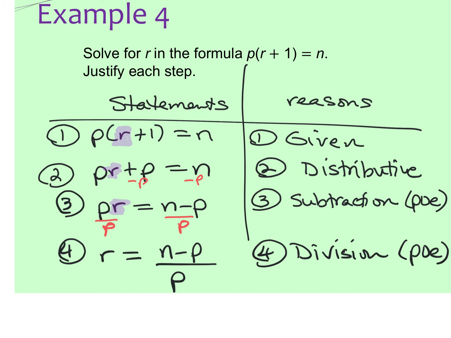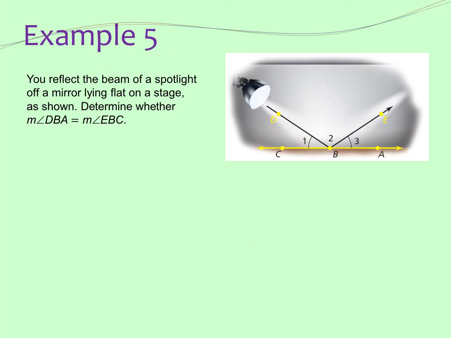So let me give you a little preview of the last example. But again, we've covered everything you need to do tonight's homework. It's just algebra. You're solving the equations and you're justifying each step. You'll also have to identify some properties just like we did in the first example. So let's go to this last example.